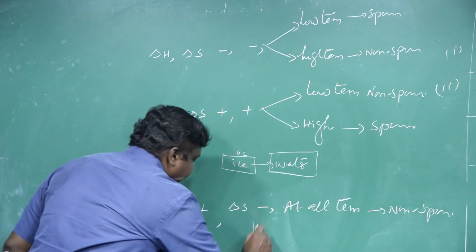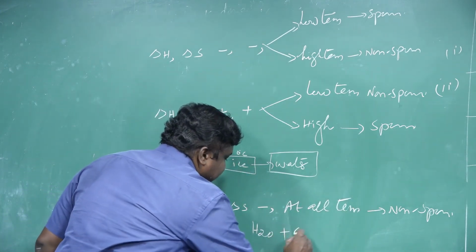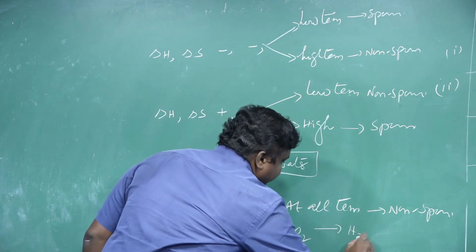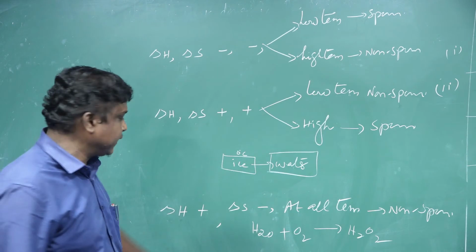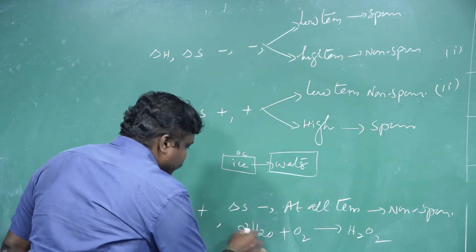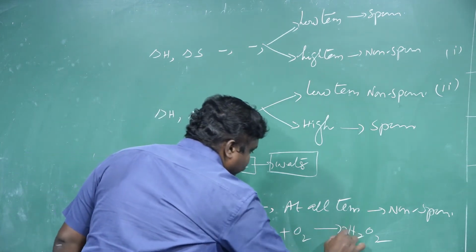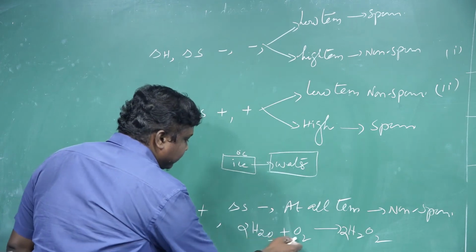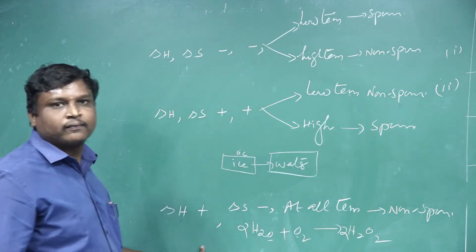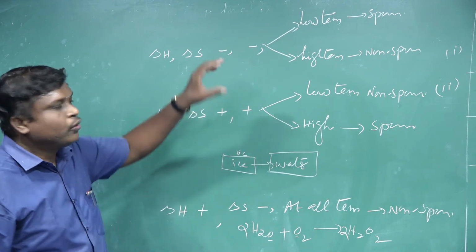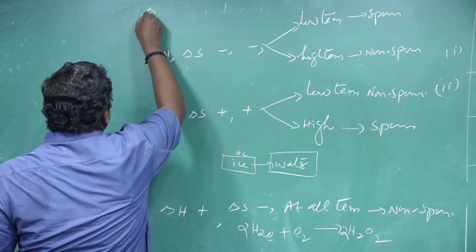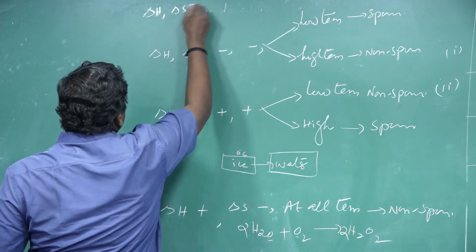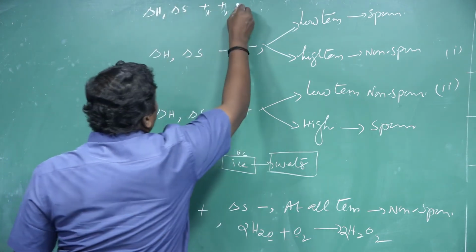Example, water reacting with O2 to give H2O2, hydrogen peroxide. Two moles going to one.